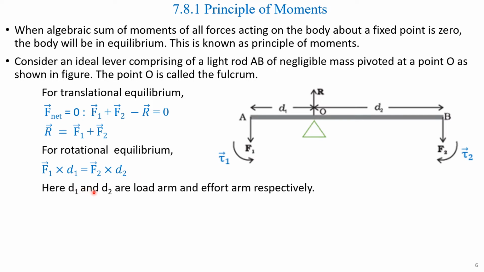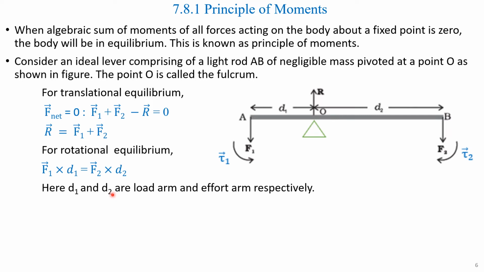Here, D1 and D2 are the load arm and effort arm respectively. Normally, anti-clockwise moments are taken to be positive. Note R acts at the fulcrum itself and has zero moment about the fulcrum.